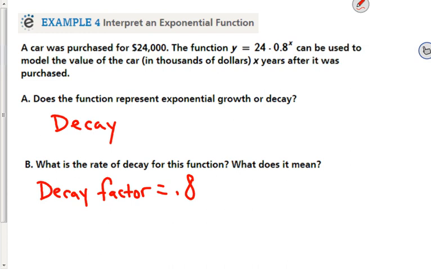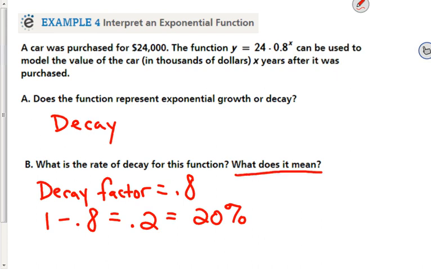And this is where we take 1 minus that decay factor, so 1 minus 0.8, and we get 0.2. And 0.2 as a percentage is 20%. So when they ask us here, what does it mean? Well, what this all means is that the car is losing 20% of its value each year.